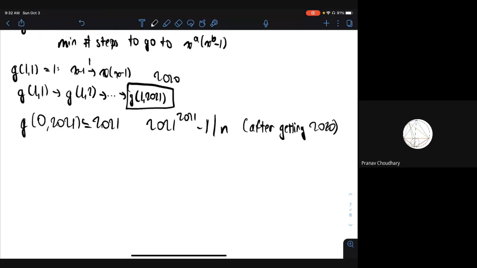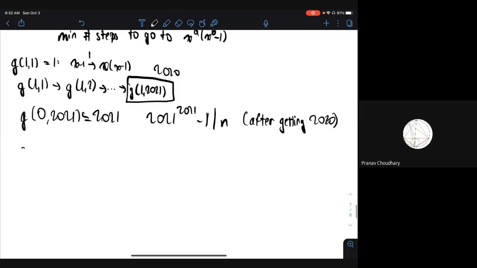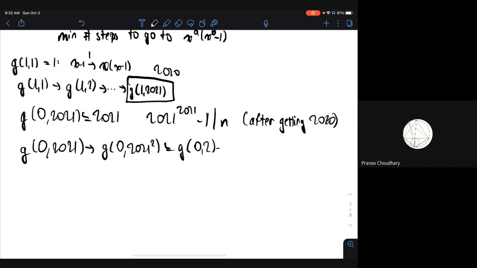And then now, from here, if we apply the second operation to this once, because we can factor out this exponent of 2.